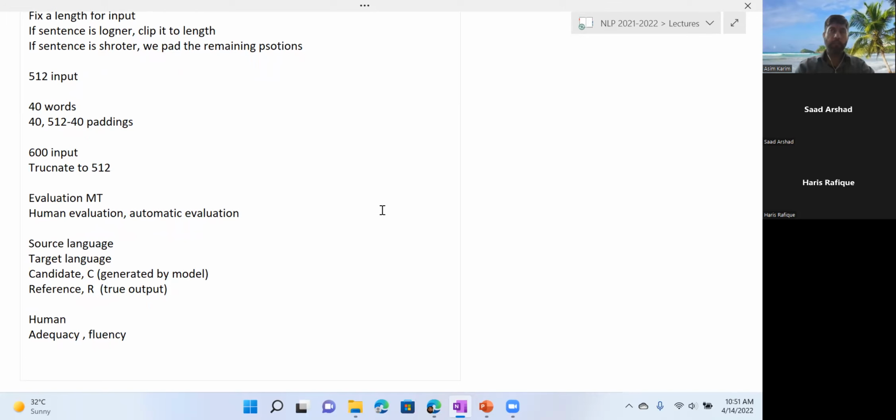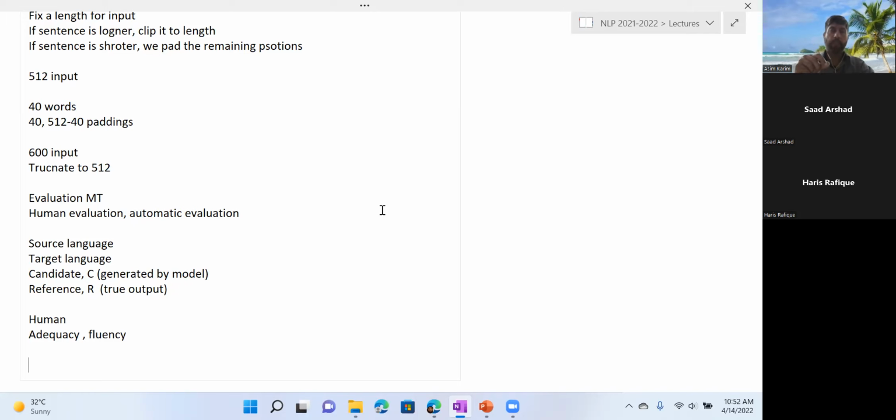Adequacy basically means how well the translation captures the meaning of the source. So is the meaning presented in the source language completely captured in the translated text? That is captured by adequacy. And fluency basically checks how fluent the translated text is, how natural, how grammatically correct, how readable, how clear is the translated text.